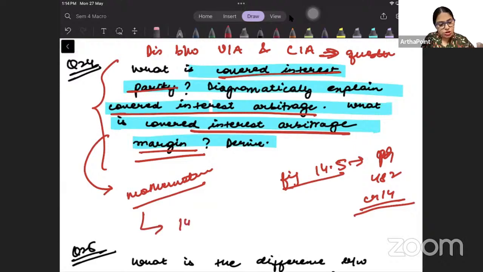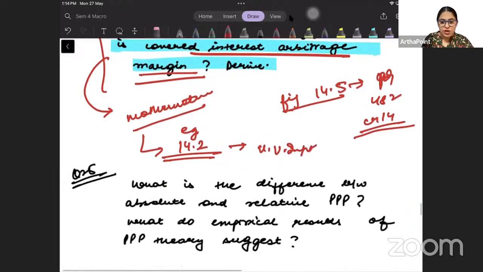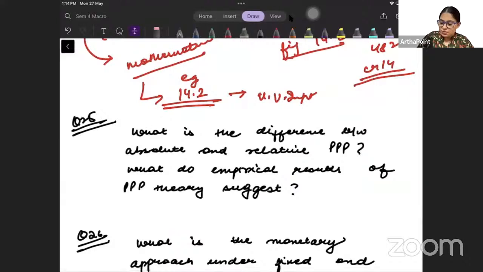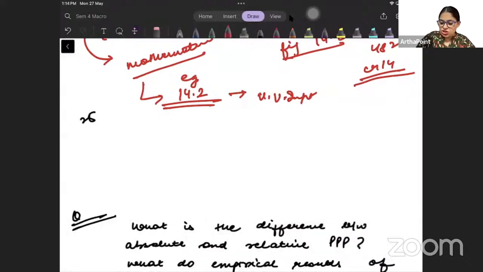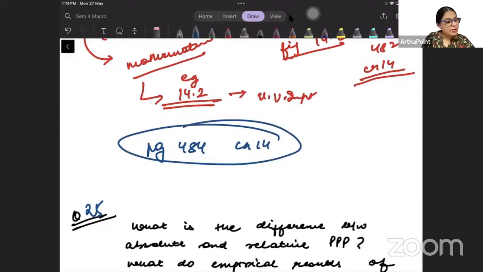And then the equation 14.2, it is very very important from exam point of view बेटा. जब हम इस इक्वेशन की बात करते हैं तो इसी के नीचे if you just go to the next page, that is page 484 chapter number 14 बेटा, इस पेज पे there is a small numerical given.